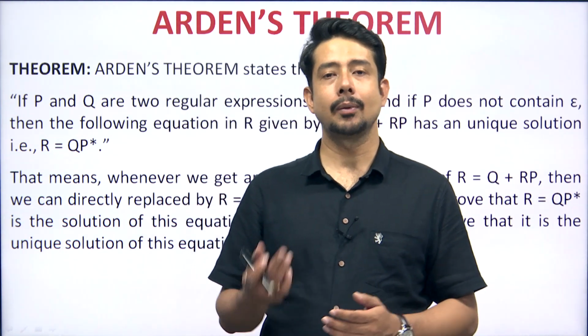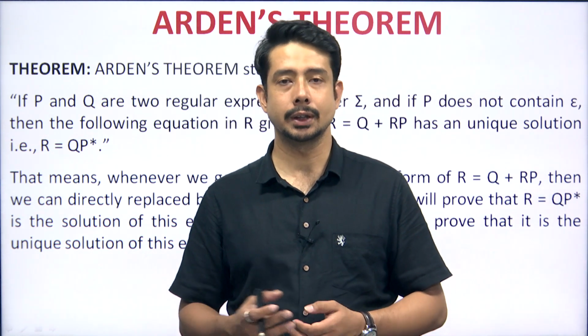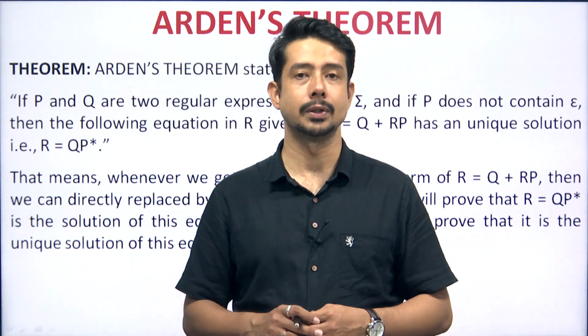Going back to the first slide for a little revision of what ARDEN'S theorem is all about. If anyone has skipped this context, you can get back to the previous video.